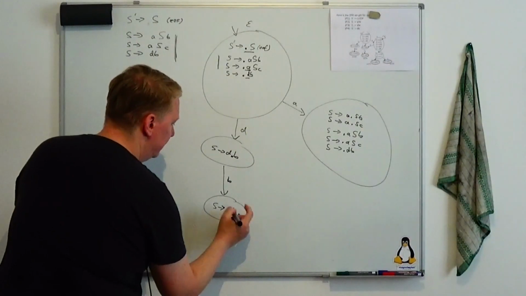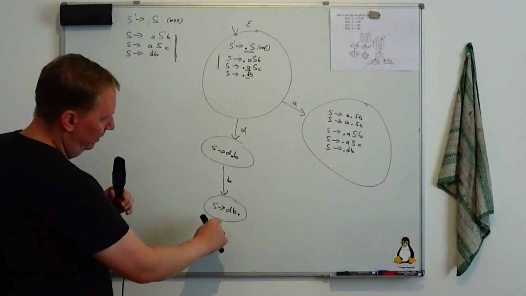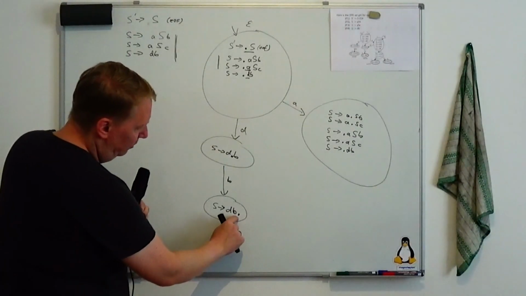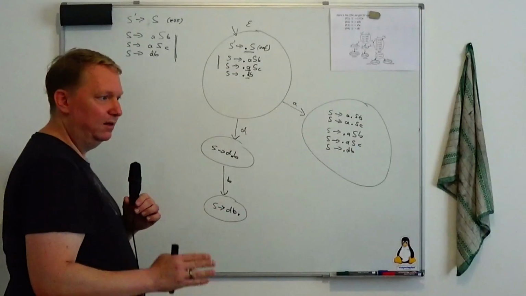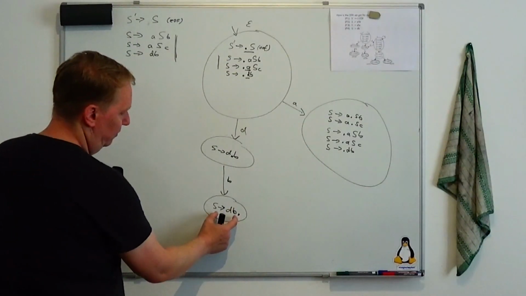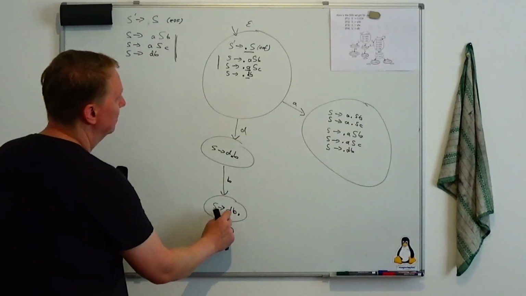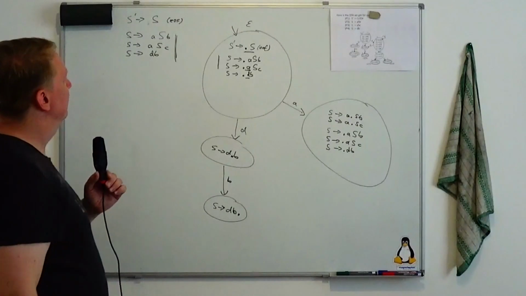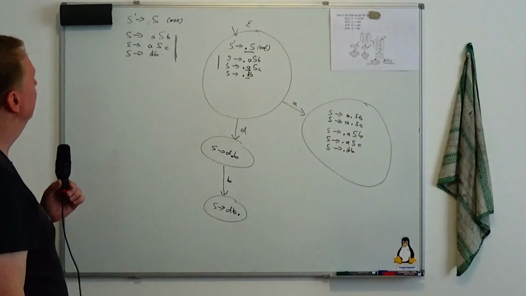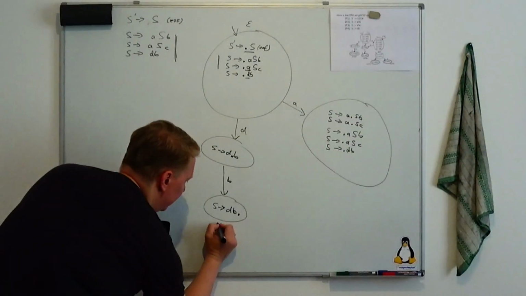Okay, that's an important thing here, because notice here the point is really at the end of the production rule. So this means that this information tells us if we are down here, then we can reduce using this third production rule for S. Okay, so this is called a reduce state.